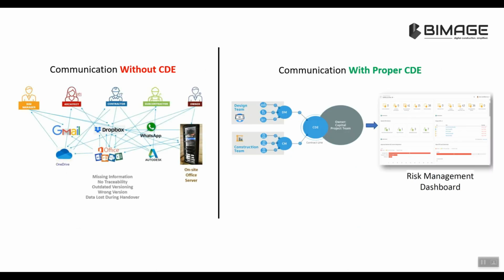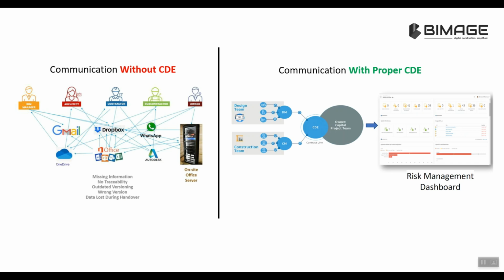Now let me give you a glimpse of what we are going to achieve. On the left side you can see a picture of communication without CDE, that is common data environment. First of all, what is the common data environment? Let me tell you in very simple terms.